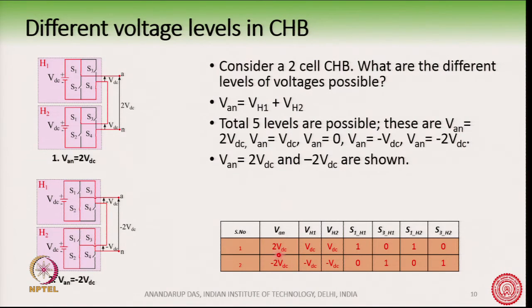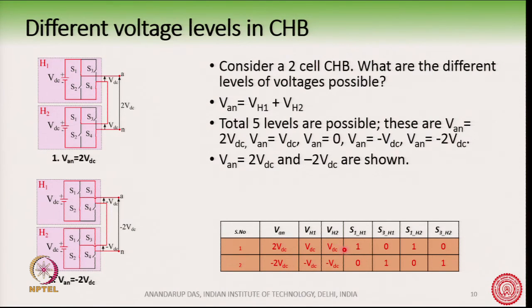So, if VAN is 2 VDC, of course, VH1 will be VDC and VH2 will be VDC, and in order to get VH1 as VDC, we should turn on S1 and S4 as shown here.